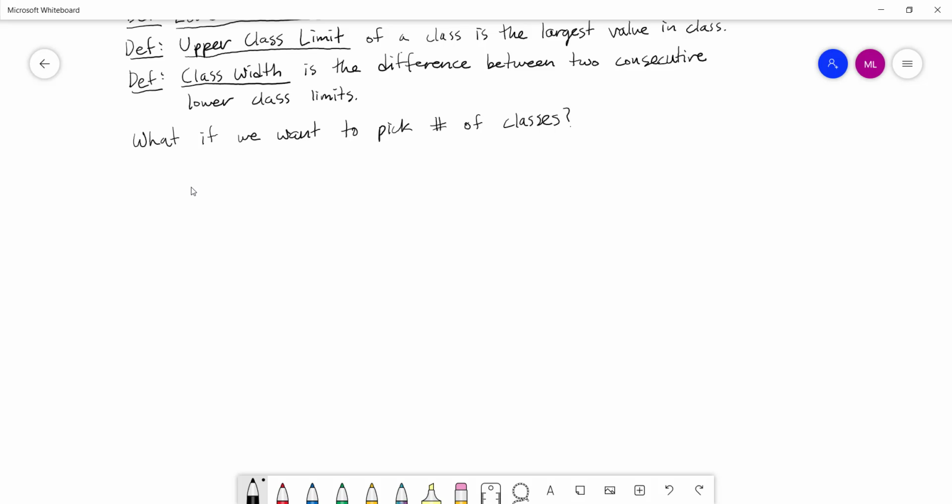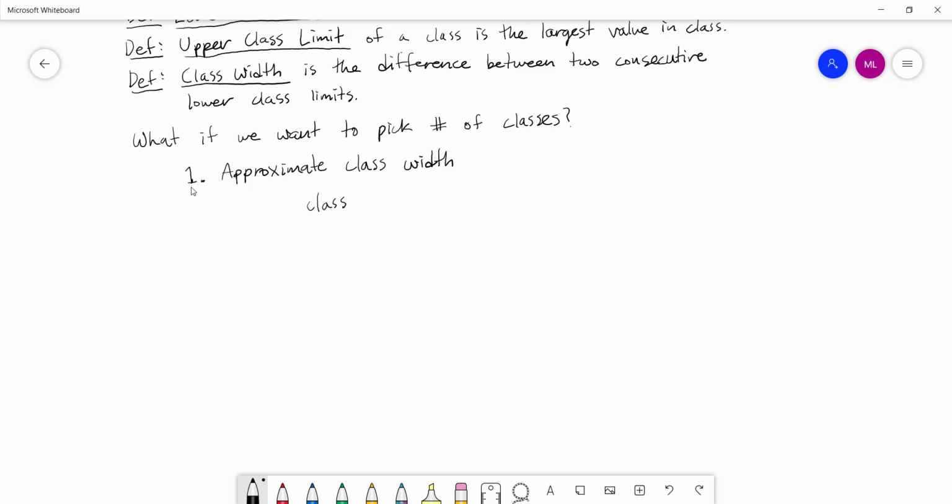So the way that we'll do that is a two-step process. Step one would be to approximate the class width. And we would do this the following way.